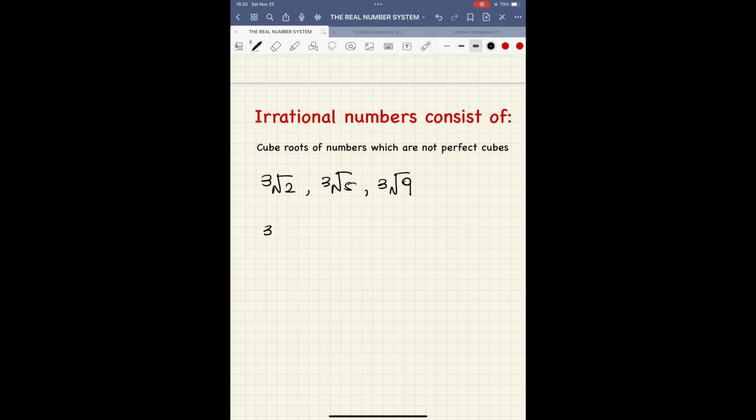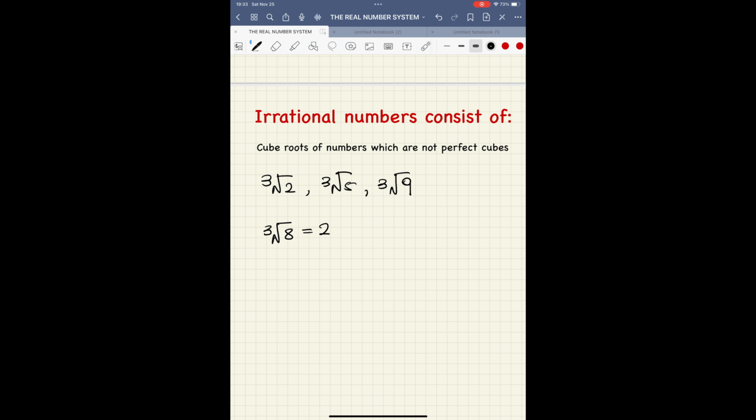Because a cube root of 8 is equal to 2. So it's rational, meaning that 8 is a perfect cube. So you cannot have a cube root of a perfect cube, isn't it? That's why irrational numbers are roots of numbers which are not perfect squares or perfect cubes, because perfect squares and perfect cubes are rational numbers. I hope you all get me.